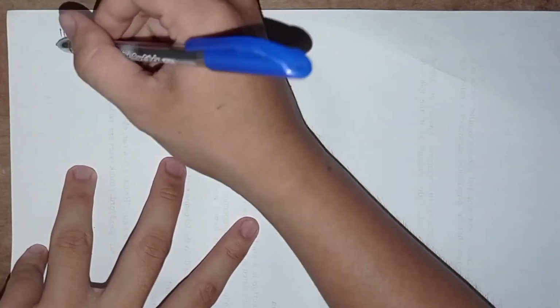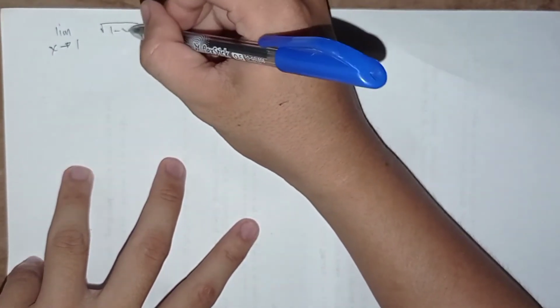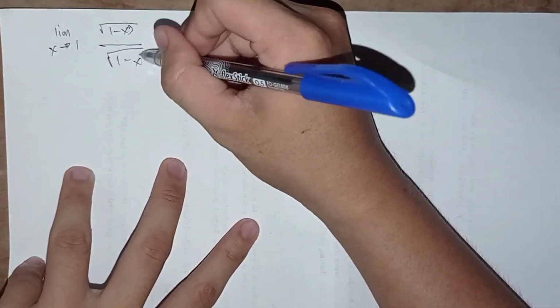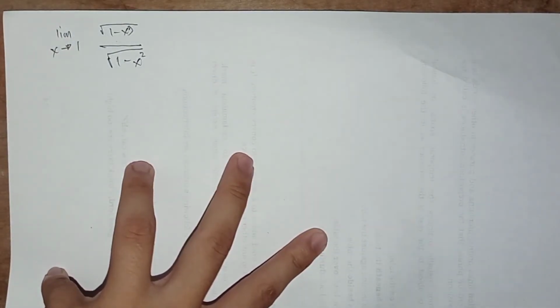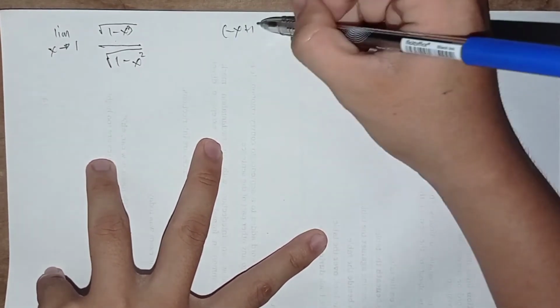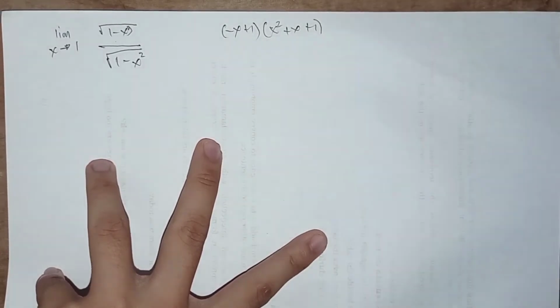The limit as x approaches 1 of 1 minus x cubed over 1 minus x squared. To get this, we need to factor out. 1 minus x times x squared plus x plus 1.